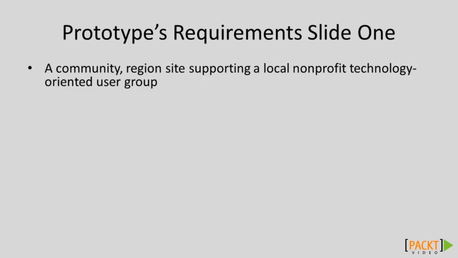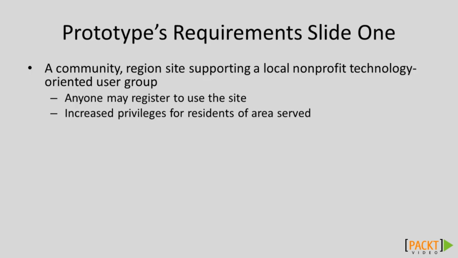The purpose of the site is for a community regional site in support of a local nonprofit technology-oriented group. And the stipulation is that anyone may register to use the site from anywhere in the world, but it is intended to cater more to those residing in this region.